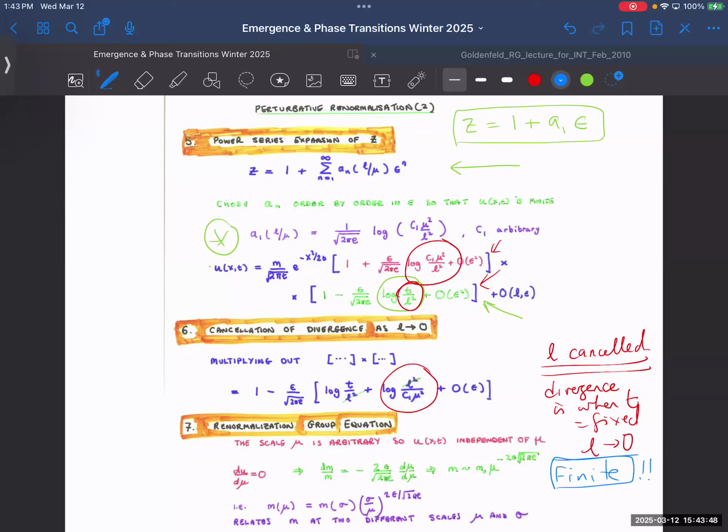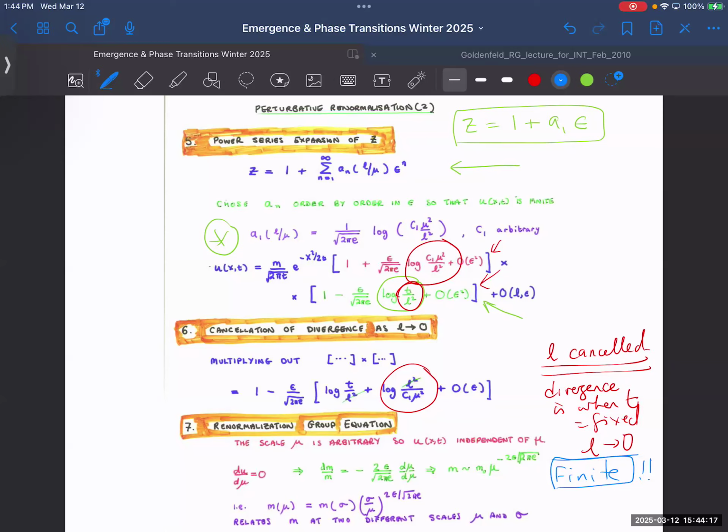What's the problem? I don't know what M is, and why don't I know what M is? Well, I don't know what M is, but there's an even bigger problem than that. I've managed to get rid of L, and so my solution doesn't diverge when L goes to 0.